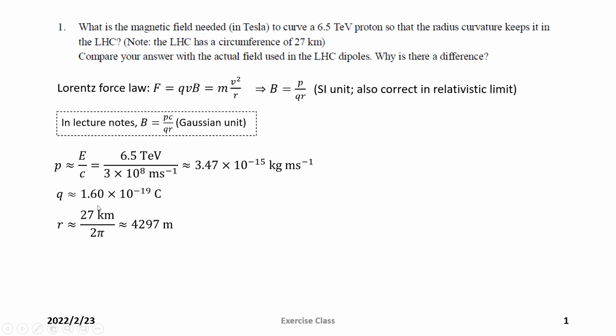The charge for proton is 1 electric charge. And for the radius, we use the circumference of LHC, and we can obtain the radius. Substituting these numbers, we get the B field is about 5.05 Tesla.